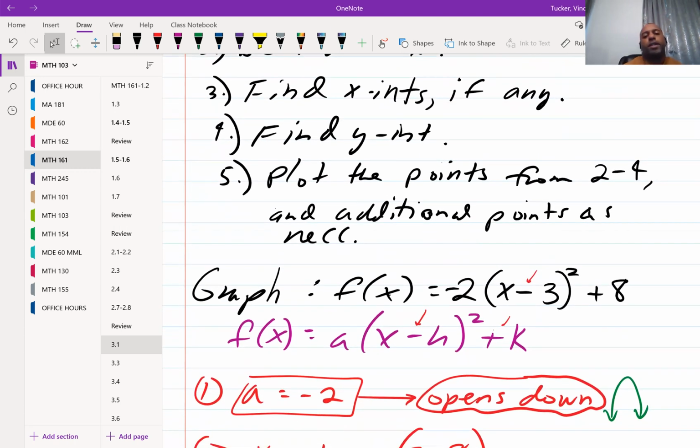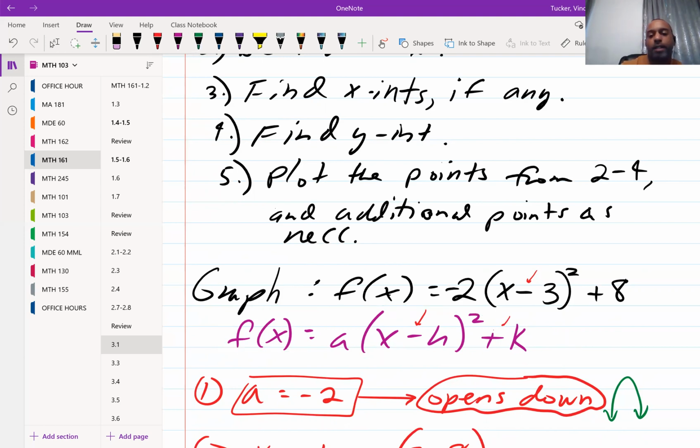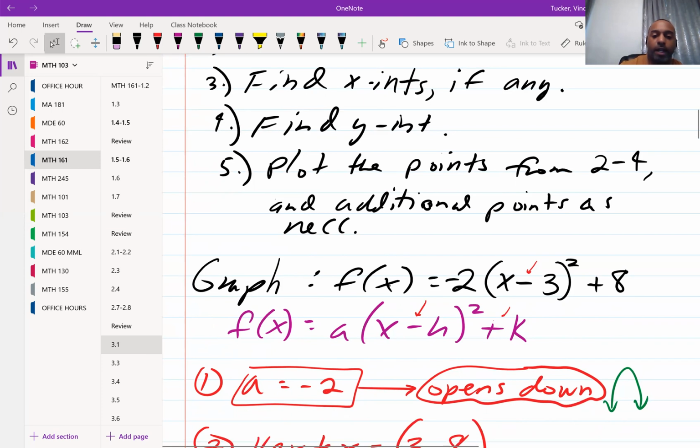All right, so the first example: f(x) = -2(x - 3)^2 + 8. It fits our standard form, so we just go by the steps. First, we look at a. That's the number sitting in front of the parentheses. It's -2, so it opens down.